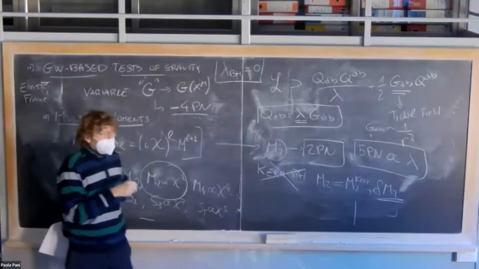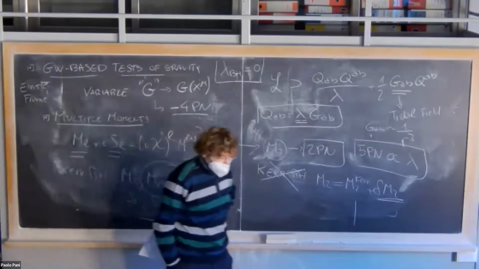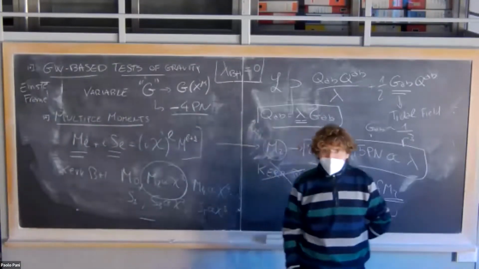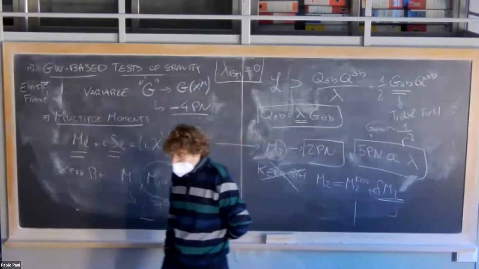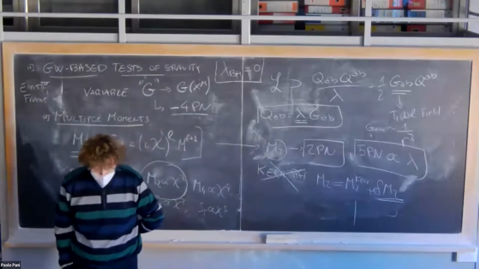So this is a clear smoking gun of something beyond GR that, if detectable, and it's hard because it's very high order, will be very, very interesting, potentially groundbreaking.